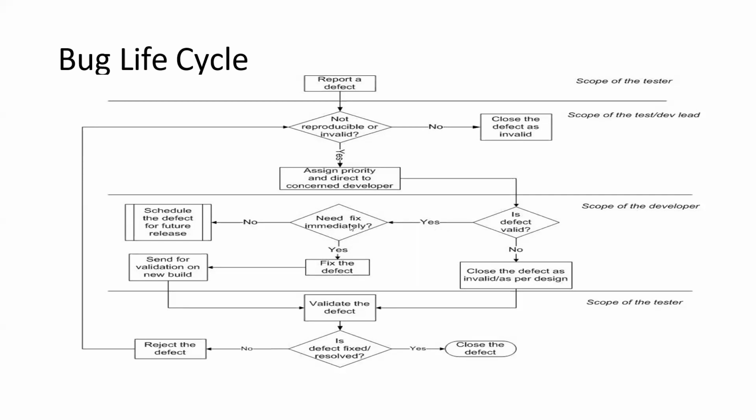If they are not able to fix it, at least they will schedule the defect for a future release. If the severity is very high, they have to fix it immediately. After fixing, it is sent for validation on a new build. On the next build, we validate the defect. If it is fixed, we close the defect. If it is not fixed, we mark the defect resolution as rejected and go for the next cycle of testing.